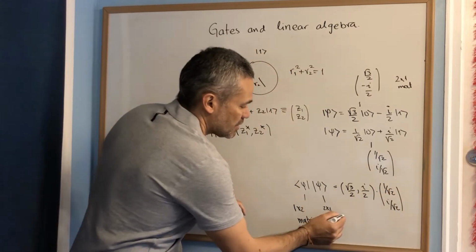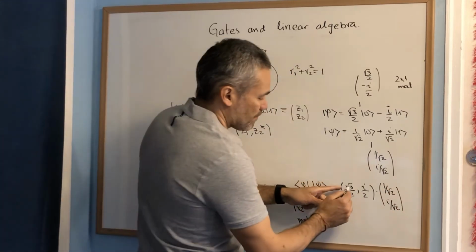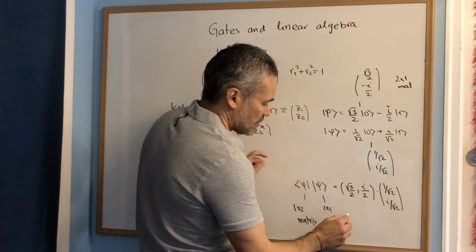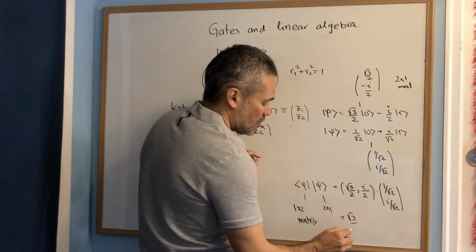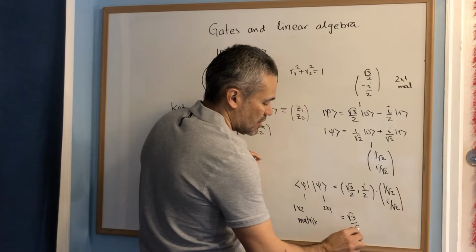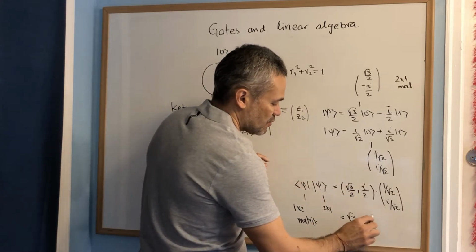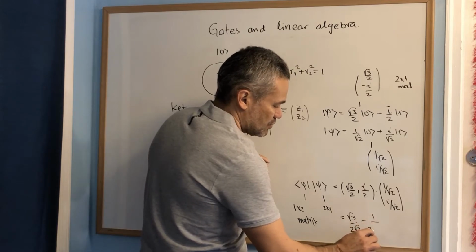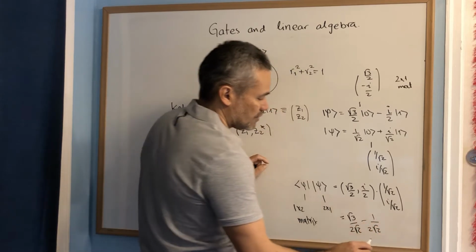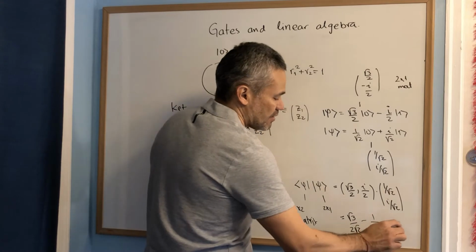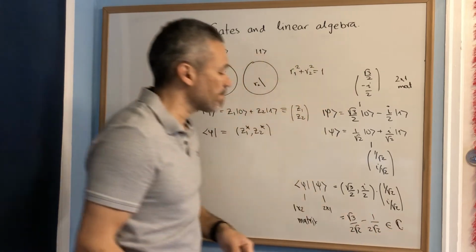And then what do we get? We get the square root of 3 over 2 times the square root of 2, I times I is negative 1, minus 1 over 2 times the square root of 2. In this case it's a constant, but in general we get a complex number.